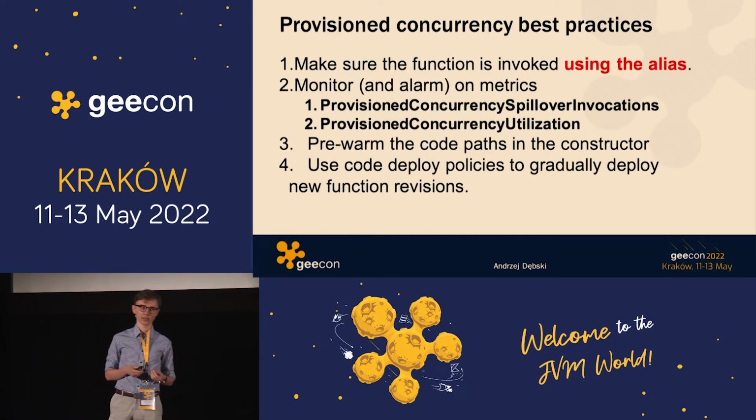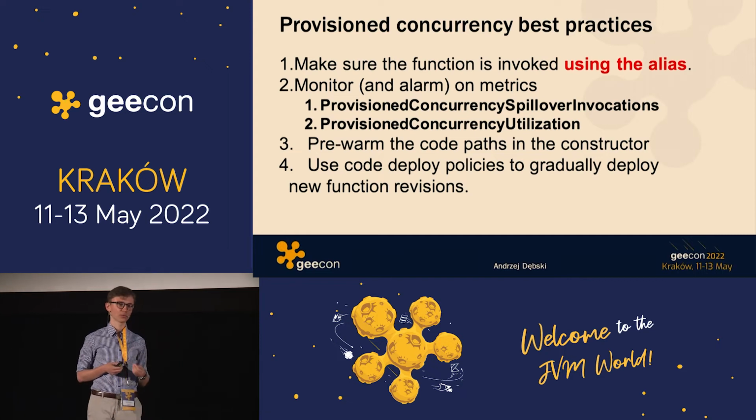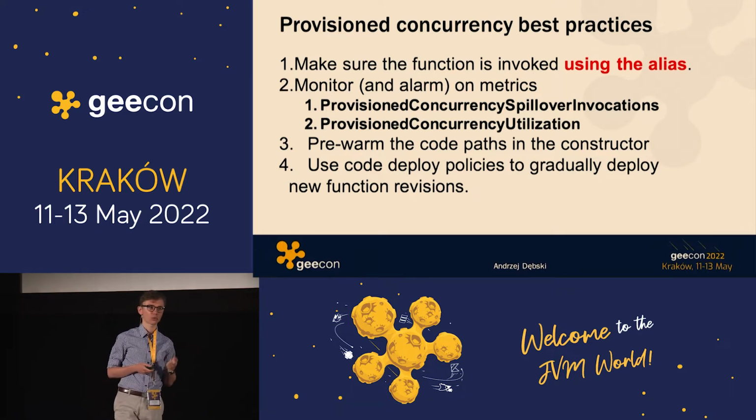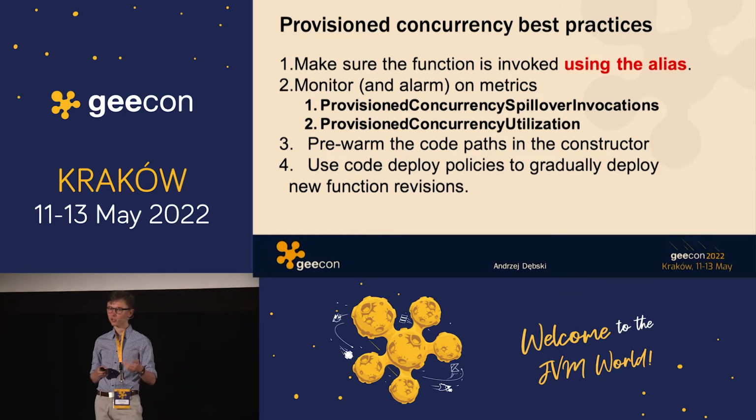Some of the best practices and things to keep in mind when you use provisioned concurrency. Number one is you need to make sure that your function is invoked through an alias. What I mean by that is you don't set provisioned concurrency on a function itself. You set it on a specific version or an alias, which works like a pointer to your function. The alias has a different ARN, or identifier, in AWS infrastructure.